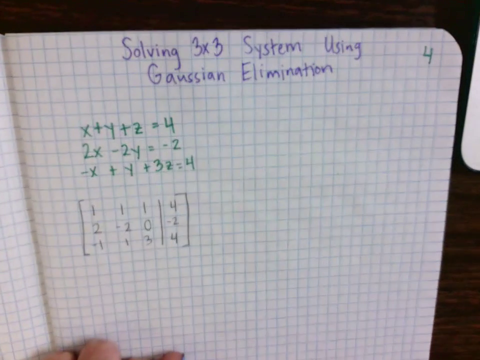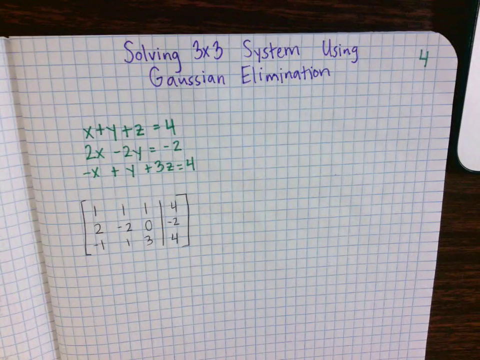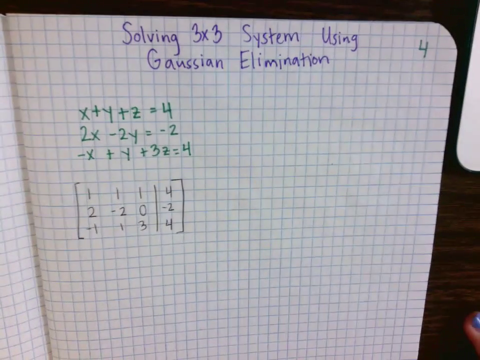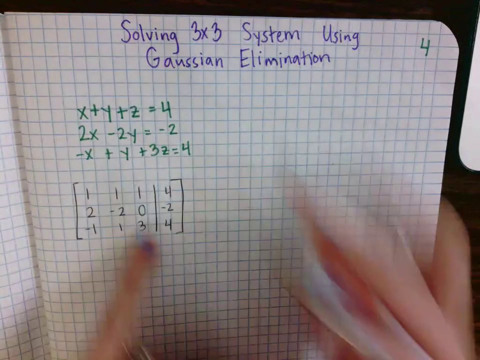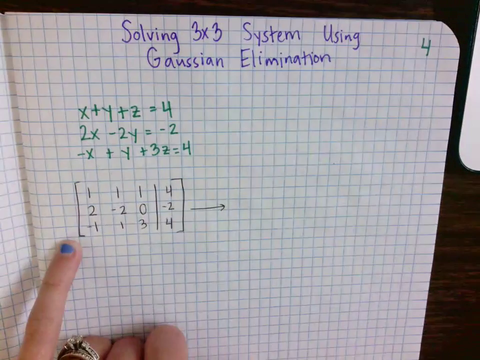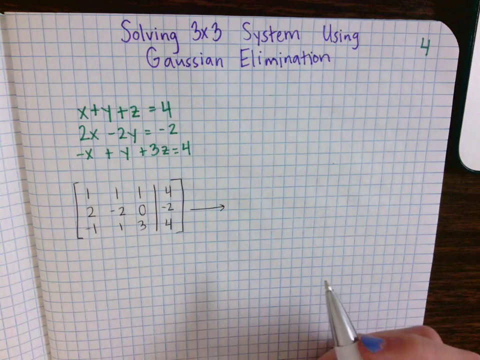Okay, so this is going to look a little bit different than you've probably ever seen before, but you need to know how to do it and how to recognize it. So first things first, you're going to think about how you're going to eliminate some things, using the process of elimination.